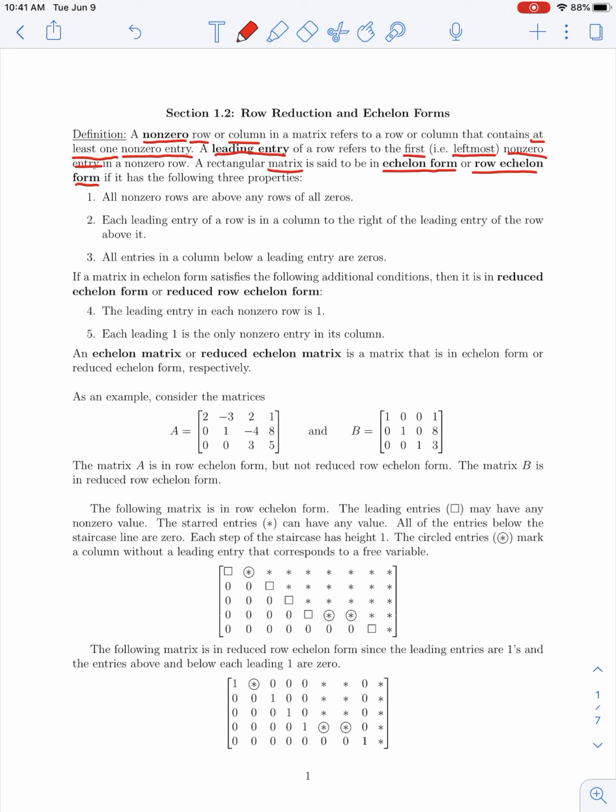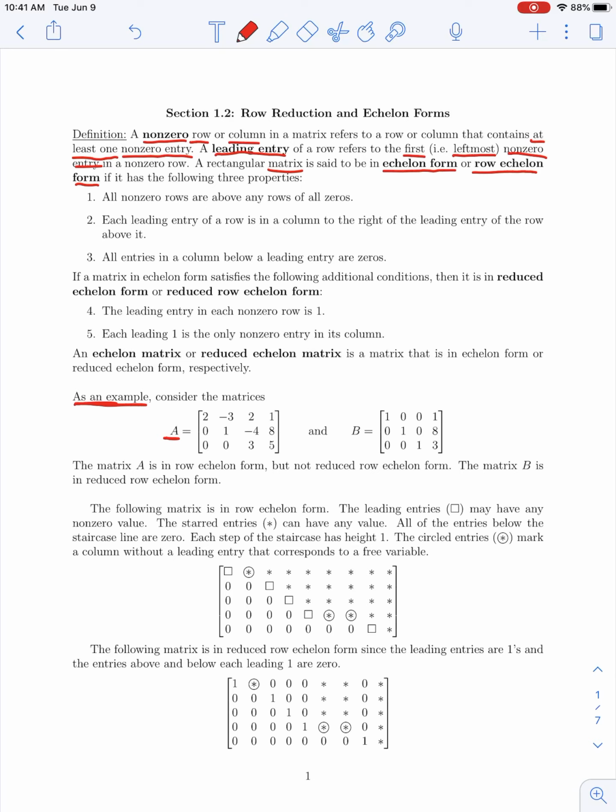zeros. As an example of this, let's consider one of the matrices that I've written a little bit below. As an example of an echelon form matrix, let's look at this matrix A. Let's see that it does satisfy all three conditions for an echelon form.